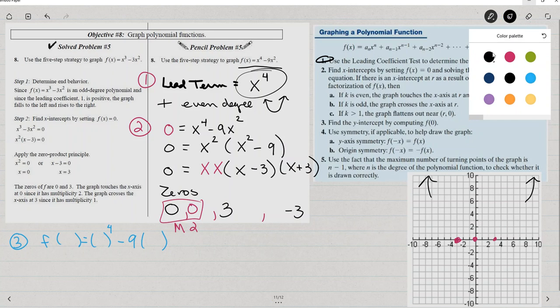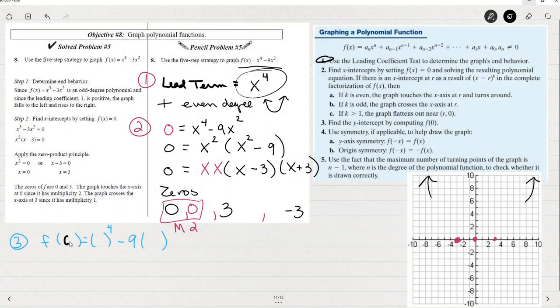Replace the x with 0 to find f of 0 is 0 to the 4th minus 9 times 0 to get that the y-intercept is 0. And we already had that point here because we found that that was also the x-intercept. So we know, though, that it doesn't cross the x or the y-axis any other place. So that was the y-intercept.